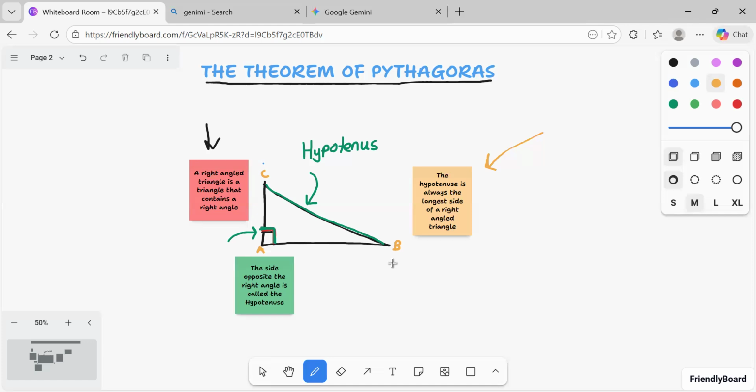So these are the three points that you need to consider to be able to apply the theorem of Pythagoras. So what is the theorem of Pythagoras? What does it state?